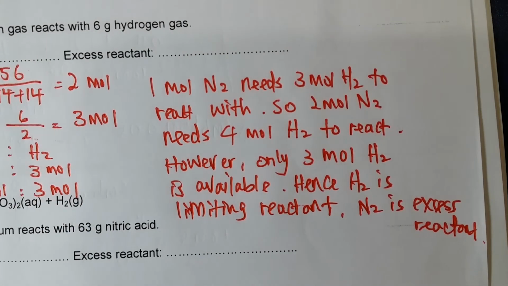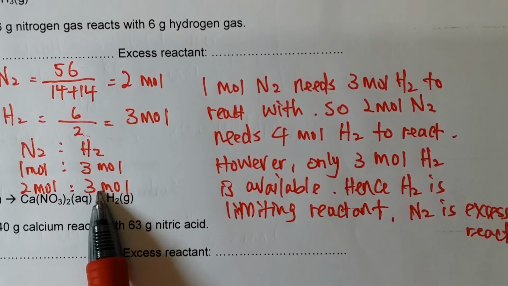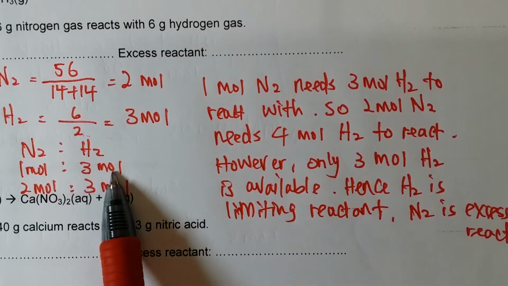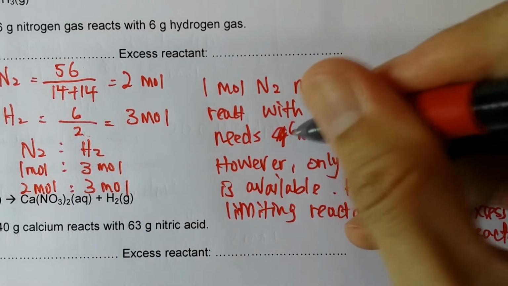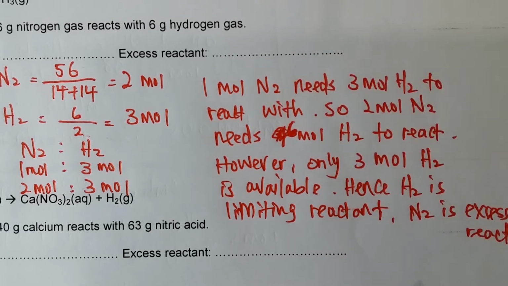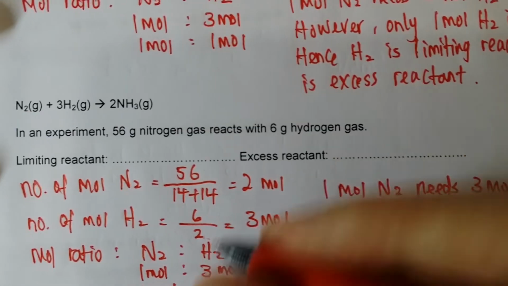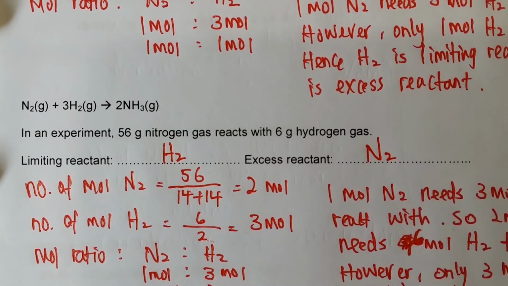So if you have 2 mole here, 1 mole you need 3 mole, so 2 mole here you would need 6 mole. However, only 3 mole is available. So H2 is the limiting reactant. The limiting reactant is H2, the excess reactant is N2.